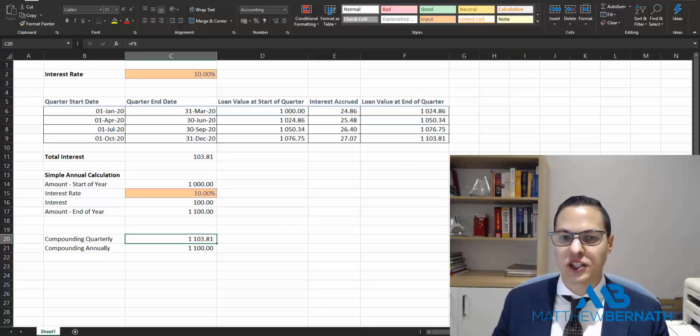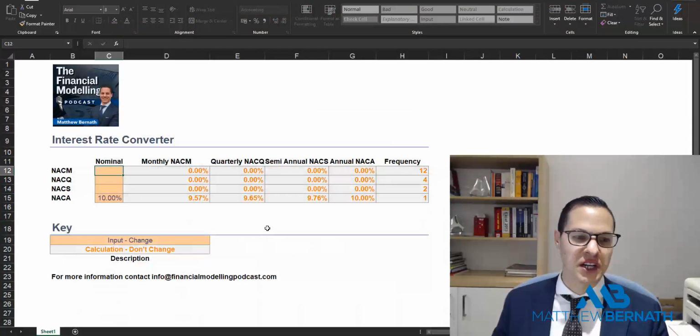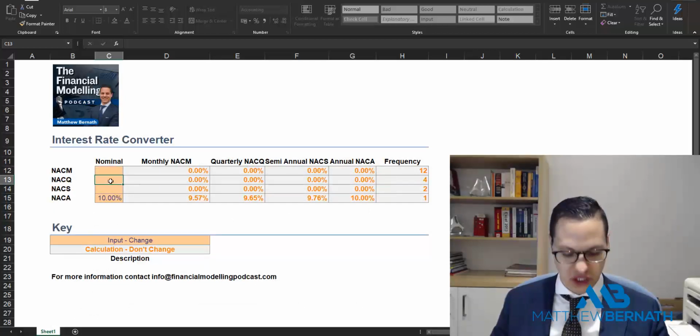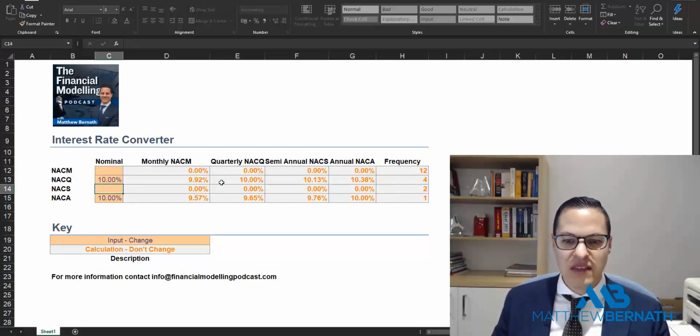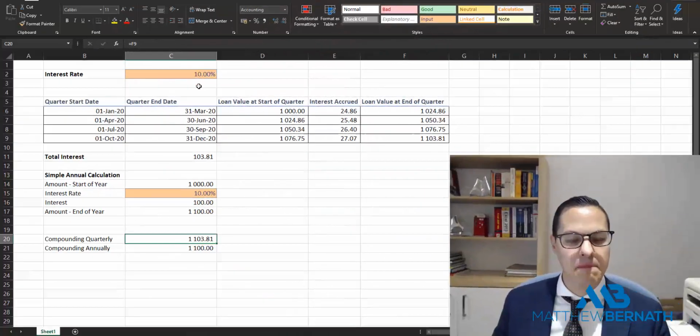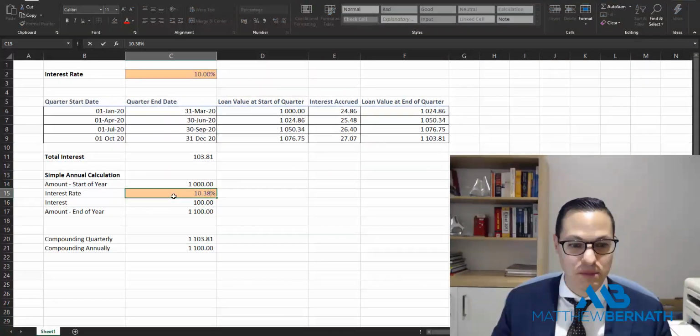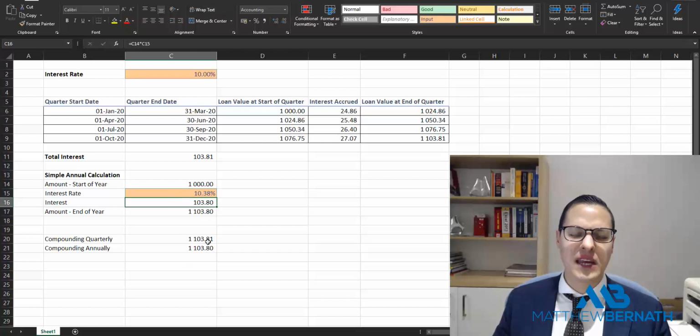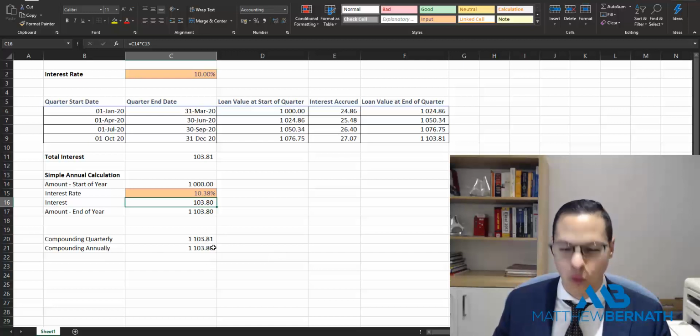So if we go back to the interest rate converter, what we said is that if we're actually applying 10% quarterly, so let's do that, then it's actually equivalent to 10.38% if we just compound annually, in other words, apply it once off. 10% over there is actually equal to 10.38% applied once off, and we can see there now that compounding quarterly and annually we get to very similar figures, just off by 1 cent.